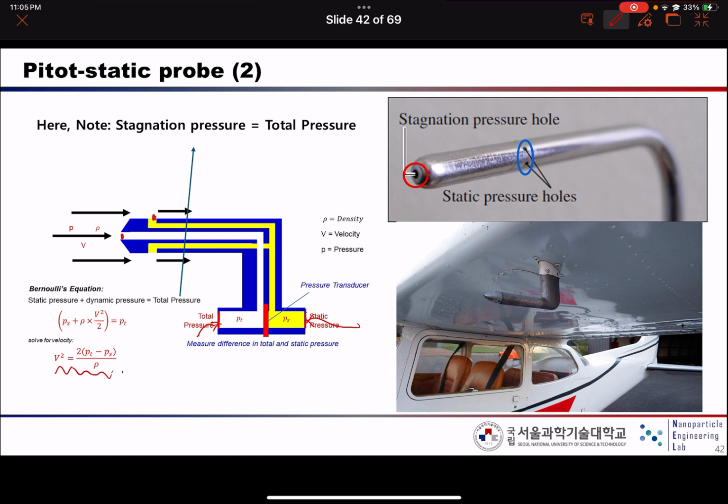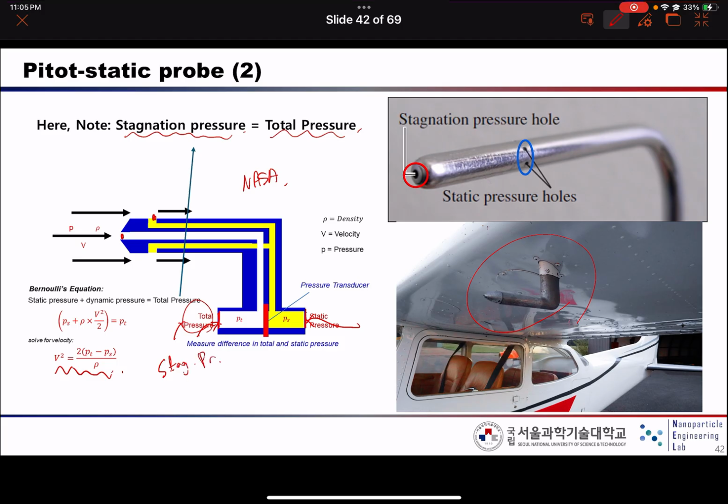Here is an example from NASA. You can assume that the stagnation pressure equals the total pressure for this diagram. Basically, this is the stagnation pressure.